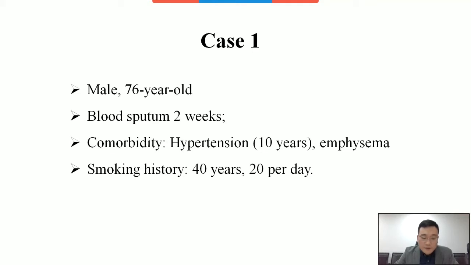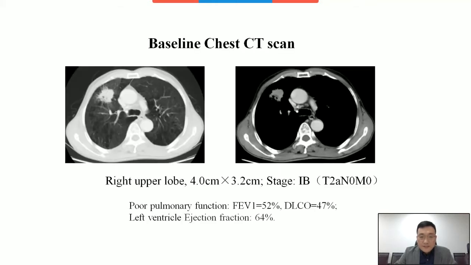His smoking history is 40 years at 20 cigarettes per day. This is a baseline CT image. We can observe a 4 centimeter solid lesion in the right upper lobe, and the clinical stage is 1B. Owing to his poor pulmonary function, surgical resection cannot be performed.